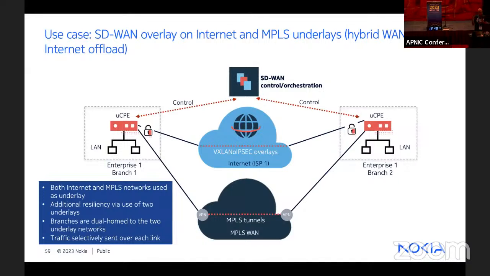We have an MPLS service there for sure, but the VPN is being provided over that MPLS service. So in fact, this is slightly more complicated. This is an overlay over an overlay over an underlay, if you think about it. But if you don't want to think about it now, that's okay.